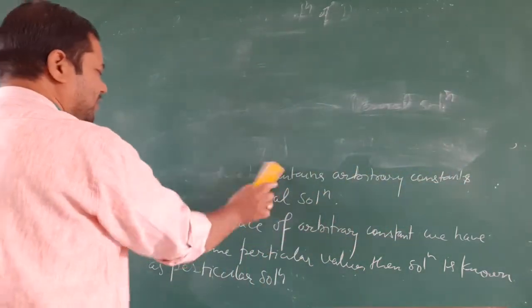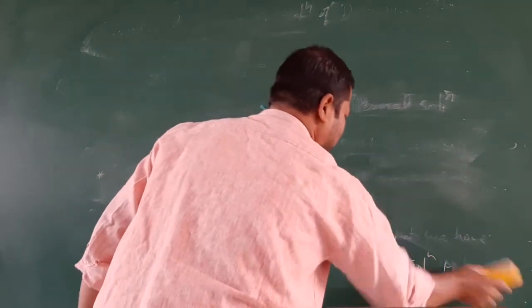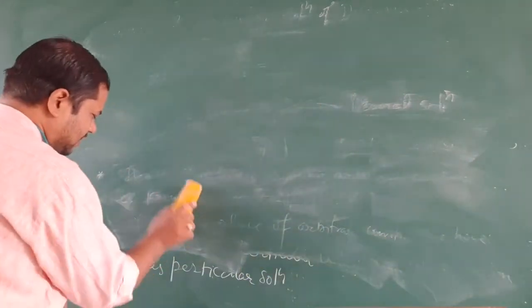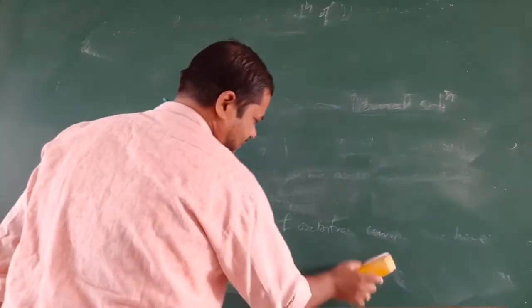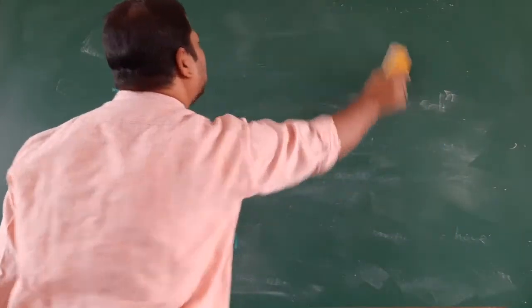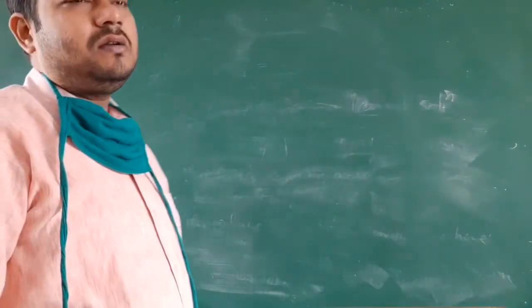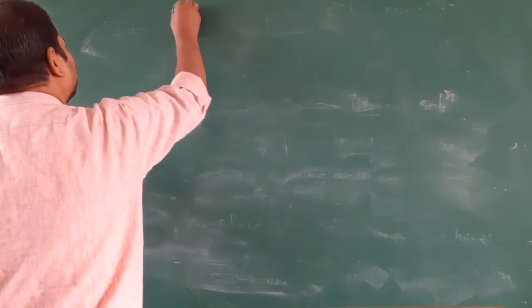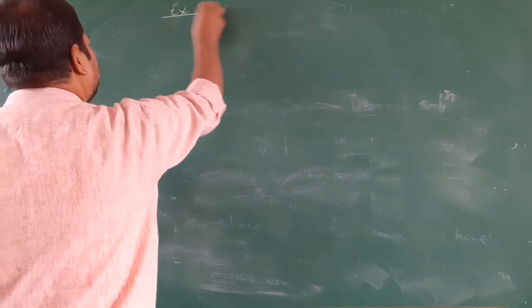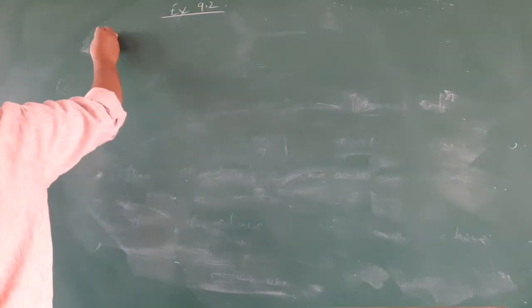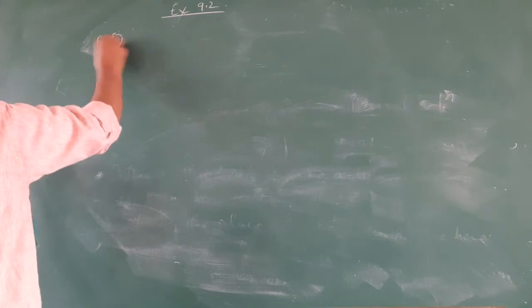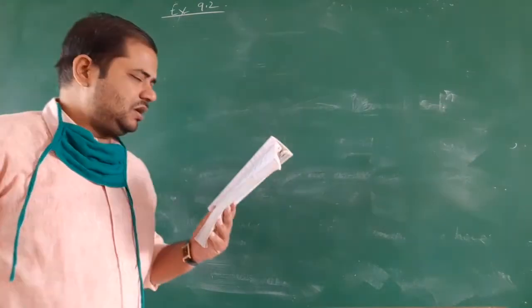Like in quadratic equations in class 10, we have already studied whether the given value of x is a solution of the given quadratic equation or not. In the same manner, we have some questions in exercise 9.2. Exercise 9.2, question number 1, we can solve only for your information.